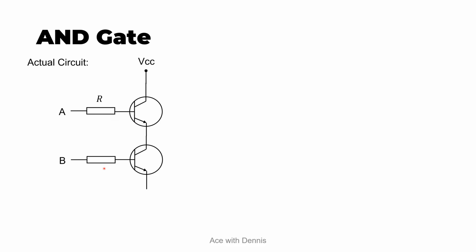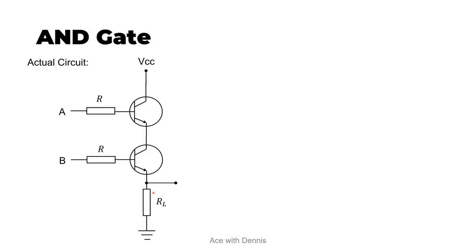Again, there are two fixed resistors here, R and R. So these two resistors prevent excess current from flowing into the transistors and damaging them. Then this emitter is connected to a load RL, and this is the output that we measure here. Then we just write it as output here.